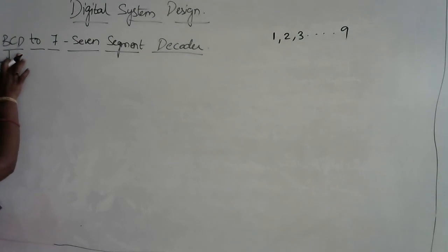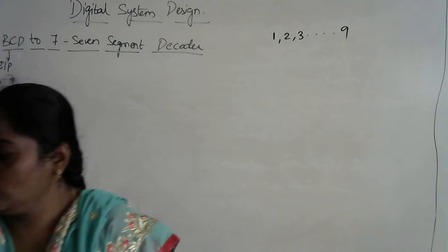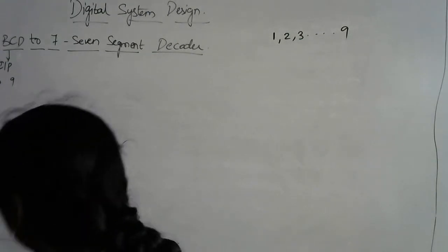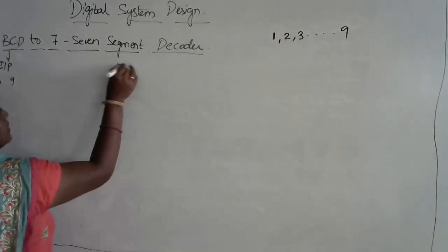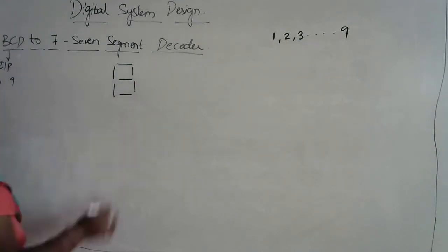We need to convert this BCD input into a 7 segment display. The 7 segment display indicates that the output should be in 7 different values. This is a representation of a 7 segment display.